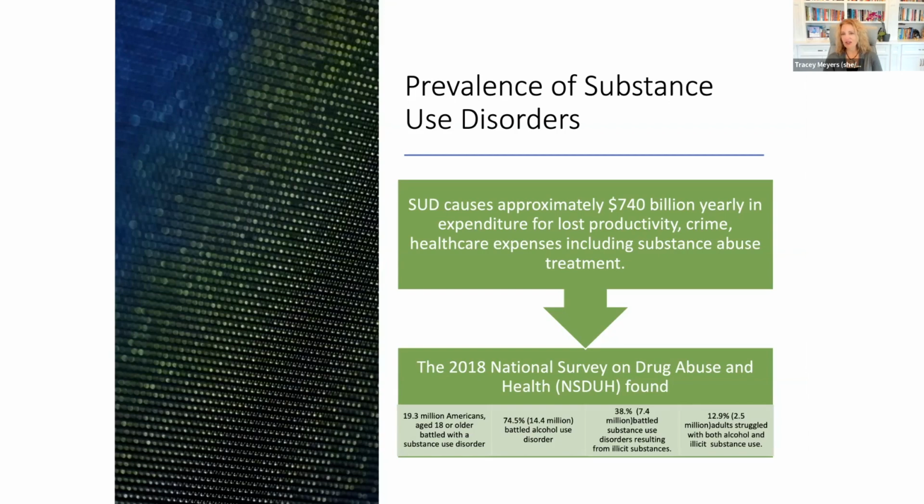About 75% of that group are using alcohol. Another 38% are using other substances. And then we have a combined alcohol and substance use about 2.5 million. So these numbers are staggering.